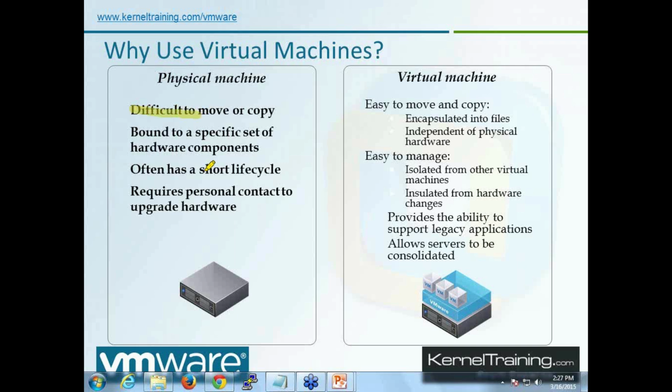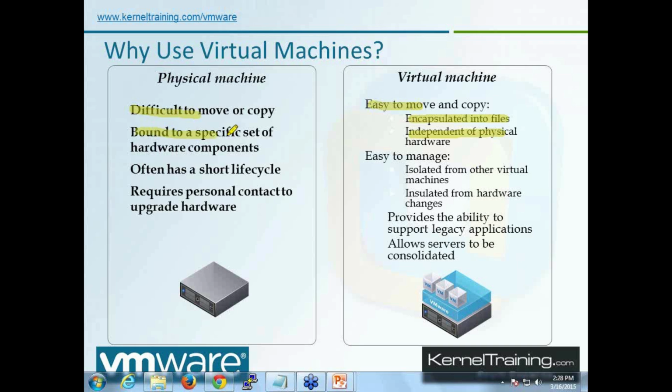It is just a normal file which is available on the ESXi environment. So moving that file is quite simple for me. Whenever I want to move it, it's a very easy task because the entire virtual machine is encapsulated into files, which are independent of physical hardware. I can simply take my virtual machine on a pen drive and move it to the other data center to deploy it. So moving a VM becomes very easy for me.